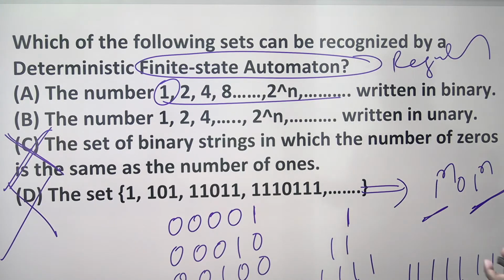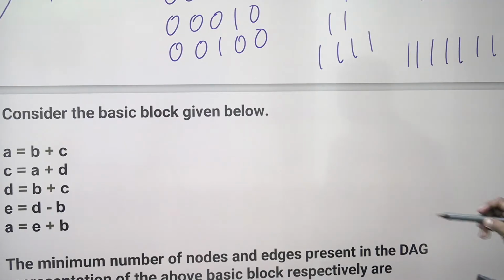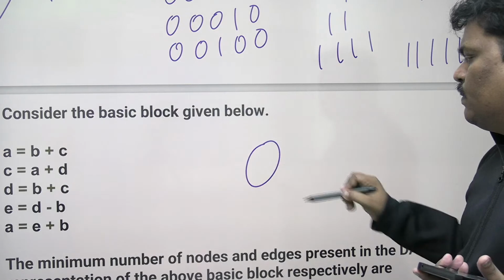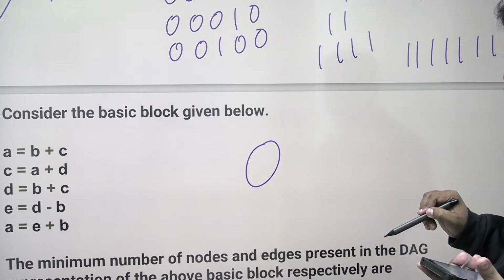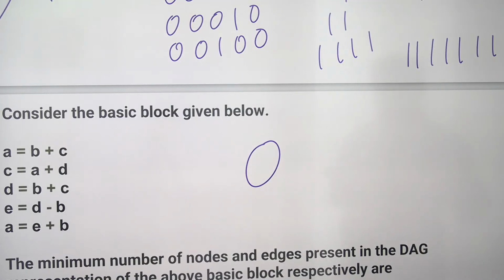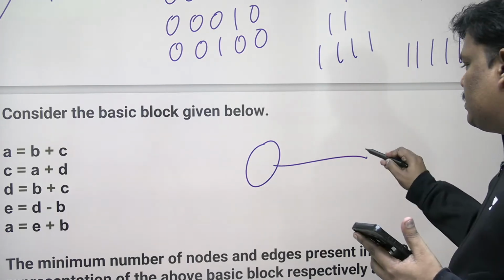If anyone says option A, what will be the finite automata for that? Is it like this?